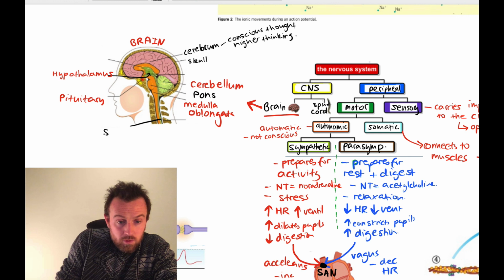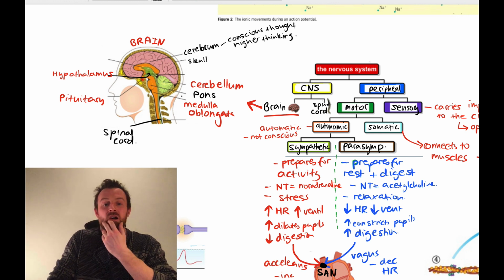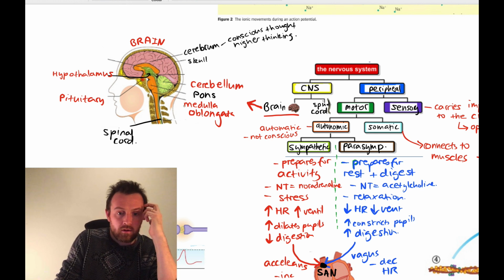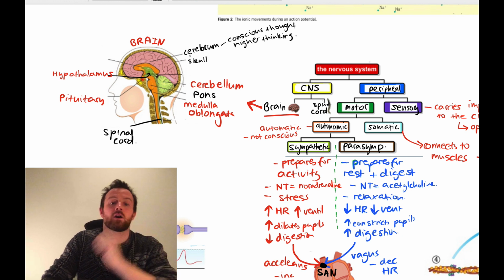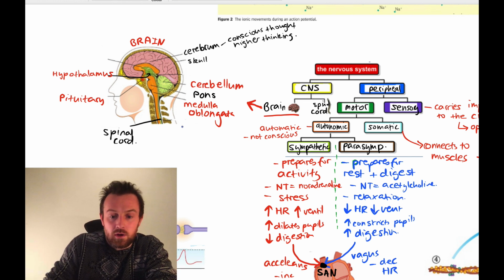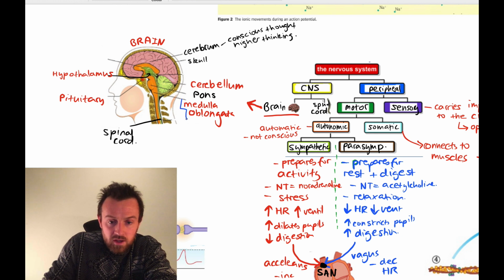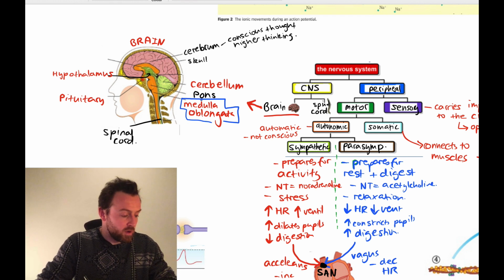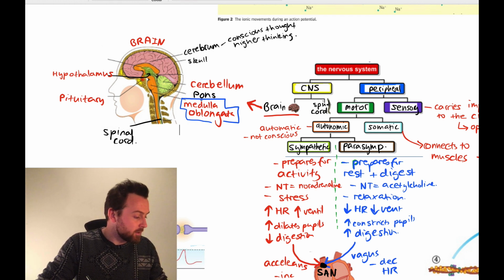And actually I'm going to label this over here. We have the spinal cord, which is part of the central nervous system. Okay, so I'm just going to get rid of that line there, and get rid of that. Okay, so why did I put the medulla oblongata over here? Well, because I want to talk about one of the main things that's in the medulla oblongata, which is the cardiovascular control center.